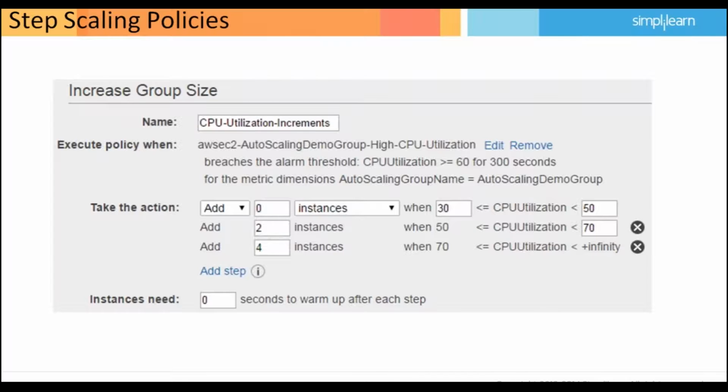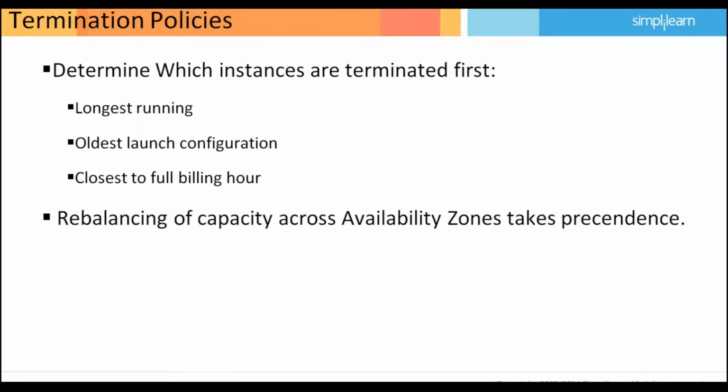So there's something called step scaling. Step scaling defines multiple steps in the same policy. So it's going to pick the appropriate scaling based on a value, and it triggers thereon, right? Step scaling policies are continuously evaluated. It's not like, okay, don't do this, wait for some time, and then find the next action.